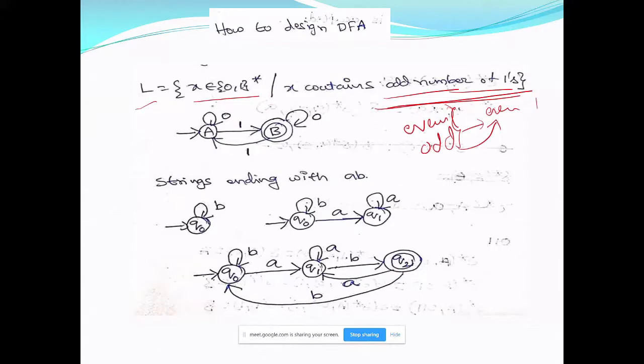Let us say I start in A, that means initially I am in A. When I am in A, nothing is remembered, no ones, nothing. Suppose I get 1. I go to B and change the state, and assume that B represents an odd number of ones, because one 1 is an odd number.